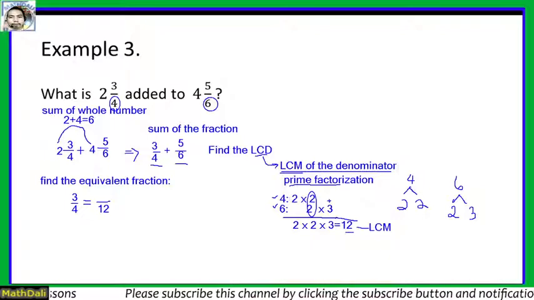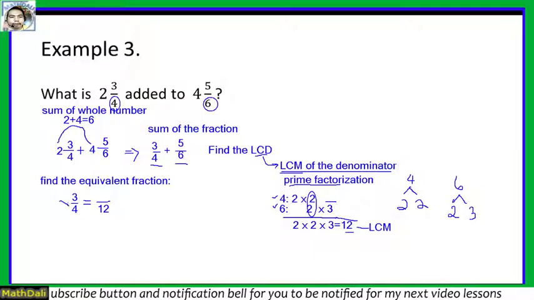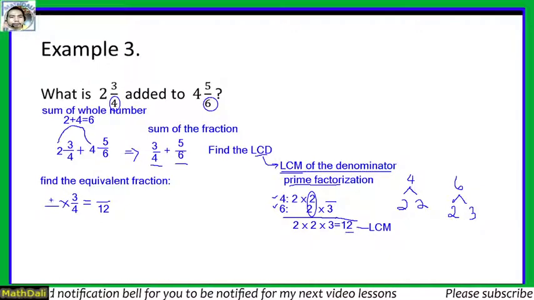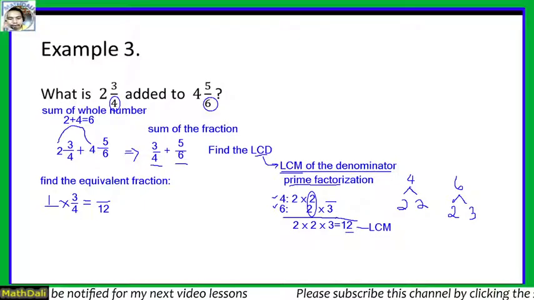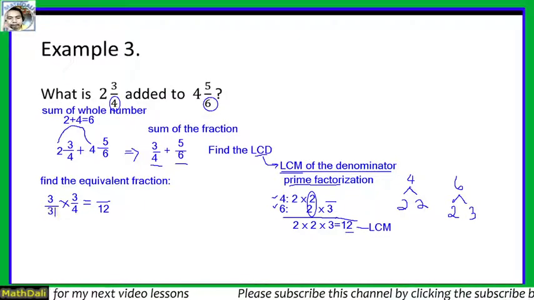Or dito, mapapansin ninyo, ang factor ng LCM natin na wala dito sa factor ng 4 ay yung ating 3. Tama? So ito yung ating multiply dun sa numerator and denominator. Yan. So multiply natin dito. So we have to multiply the numerator by 3 and even the denominator by 3.